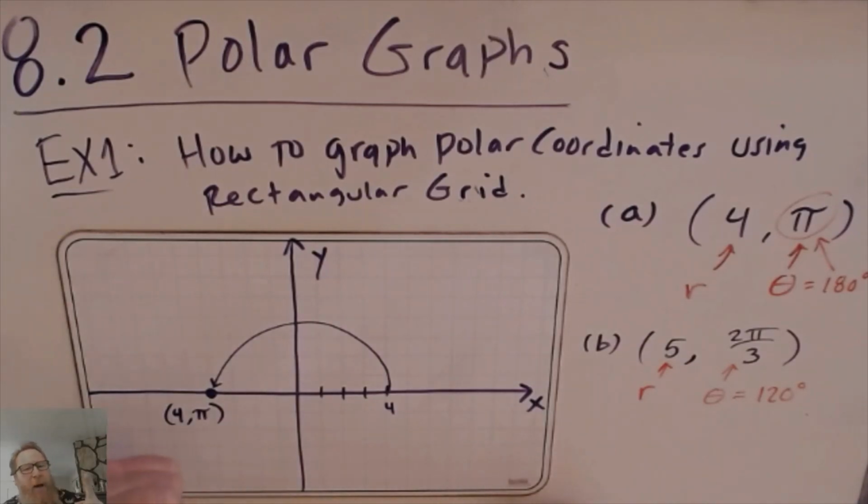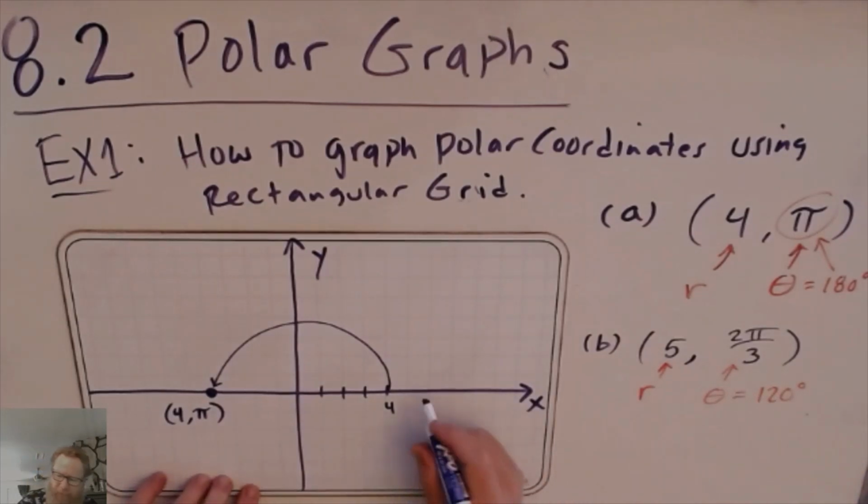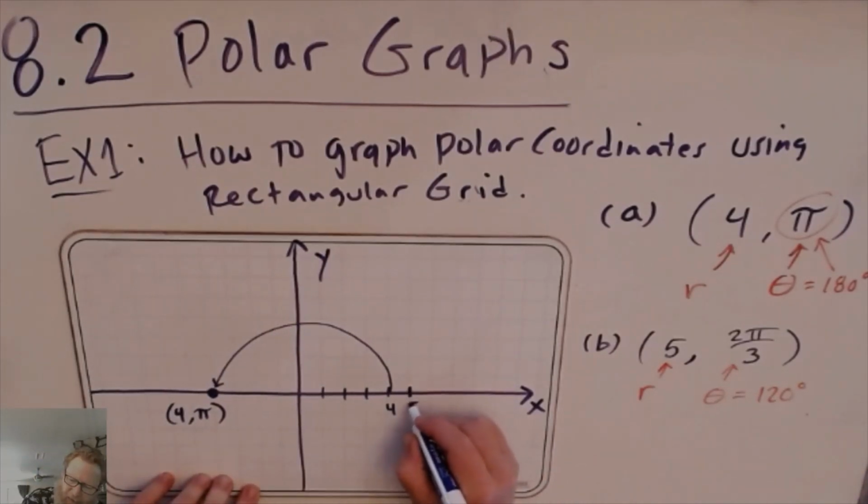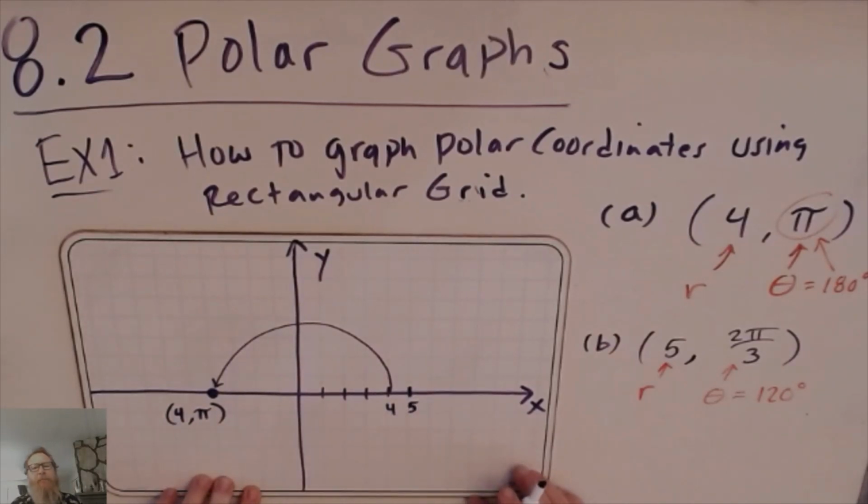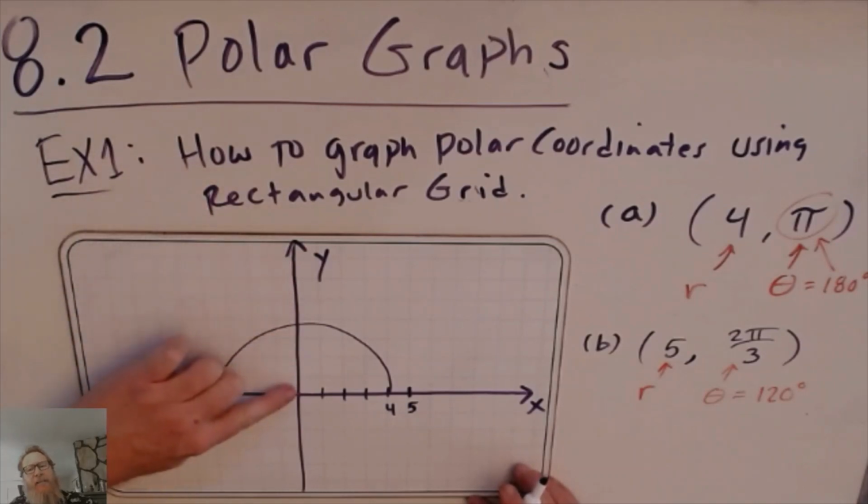Remember, 1 pi over 3 is 60 degrees. So 2 pi over 3 would be 120 degrees. So we'd go out to radius 5. Now, the y-axis, that's 90 degrees.